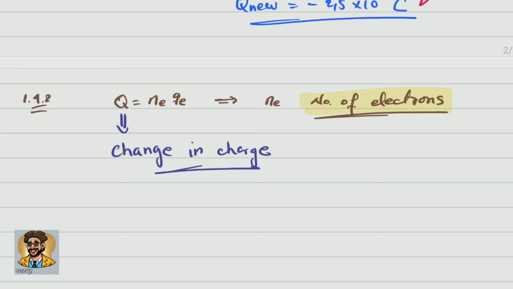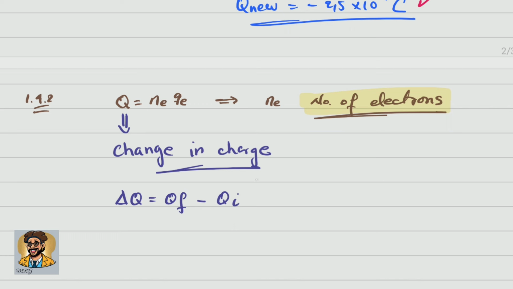How much the charge changed from beginning to the end. That is for this question, because they're asking you the number of electrons during the process. Okay, now any change is going to be final minus initial.